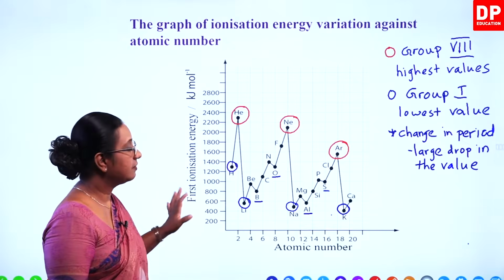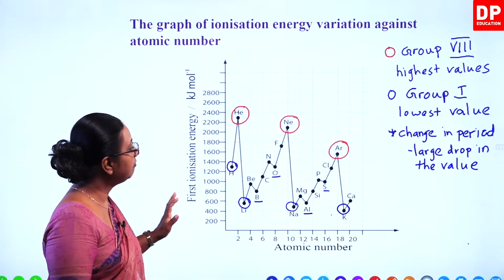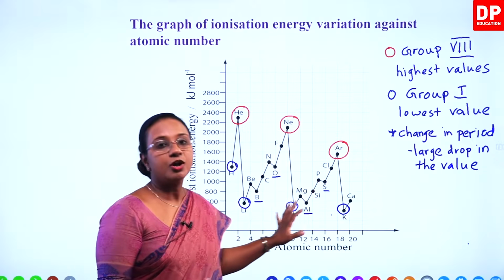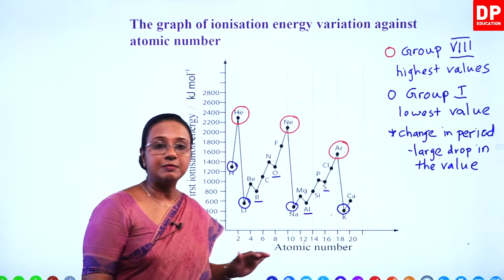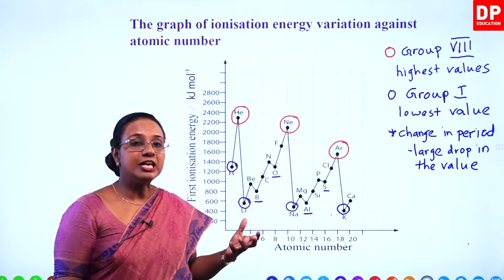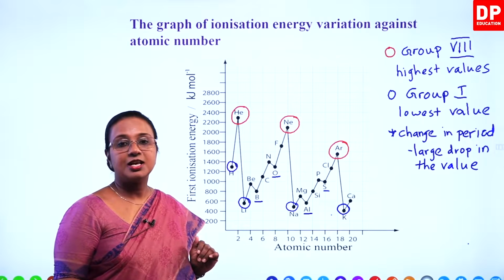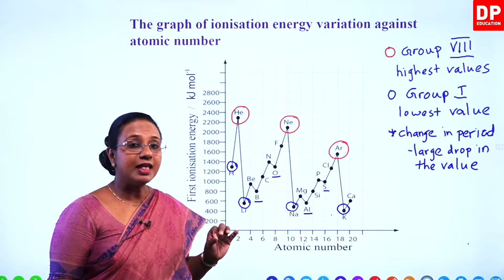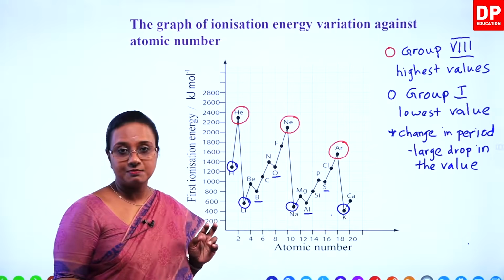Remember students, for your exam or for a question, they might not give you the full graph with the atomic number and the symbols. They mostly give you part of the first ionization energy graph, and with that they don't use the standard symbols.